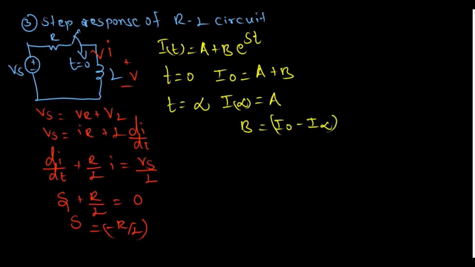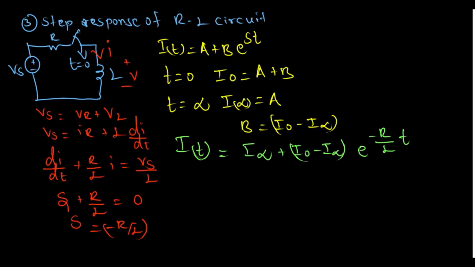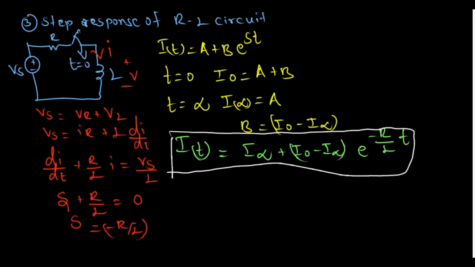When we go further, we come to the conclusion I(t) is equal to I infinity plus I naught minus I infinity into e to the power minus R over L into t. This is the answer for the step response of the RL circuit.